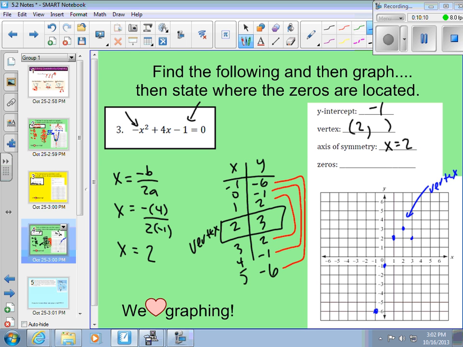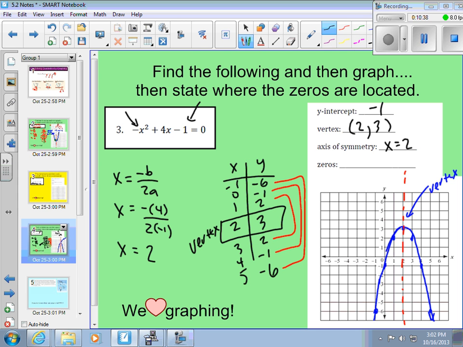And then it's symmetrical, so it should have the same points on the other side. So there's our parabola. And we have our axis of symmetry. We knew our axis of symmetry is at x equals 2. All right, so we have all our information on this one now.